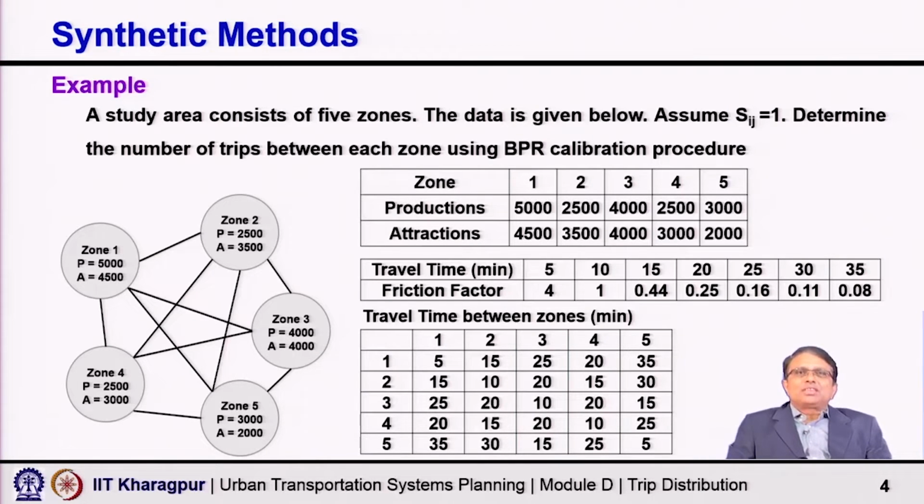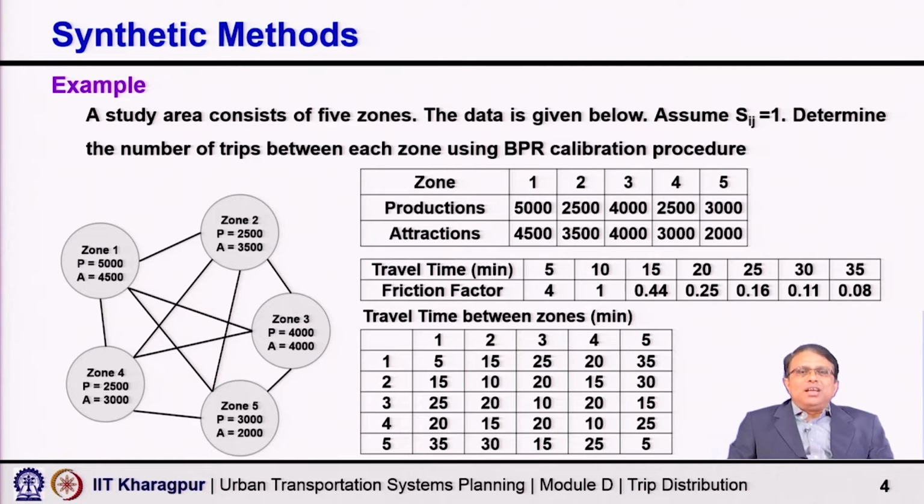Let us consider a study area with 5 zones. The data is given here again. The zone to zone adjustment factor we are initially assuming as 1; we are not using any zone to zone adjustment factor now.